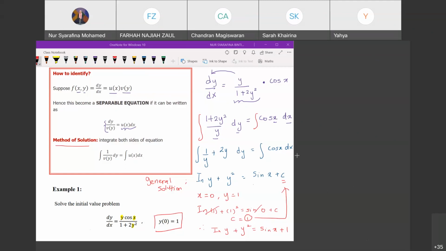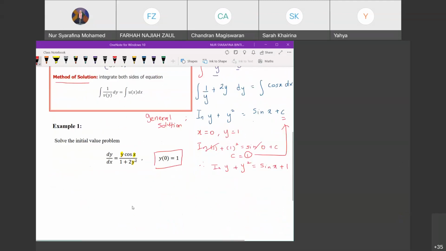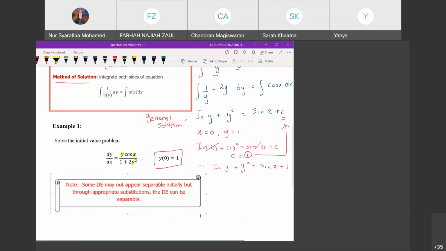Okay, so let's take a look at the notes. The remark there: some DE may not appear separable at first, but through appropriate substitution, the DE can be separable.